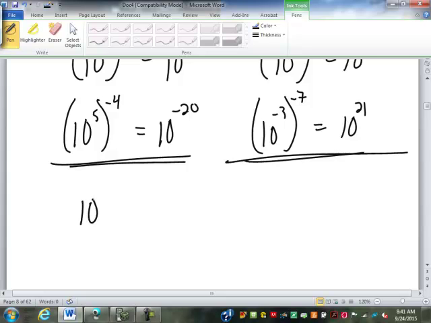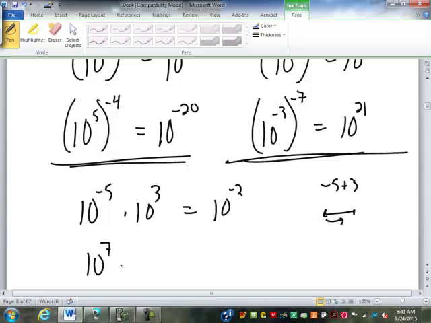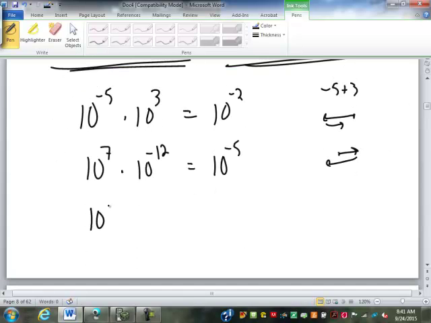But if I had 10 to the negative 5th times 10 to the 3rd, what's that going to be? Well, negative 5 plus 3. It's going to be negative 2. 10 to the 7th times 10 to the negative 12th. It's going to be 10 to the, well, you got 7, negative 12, negative 5. 10 to the negative 5th times 10 to the negative 8.